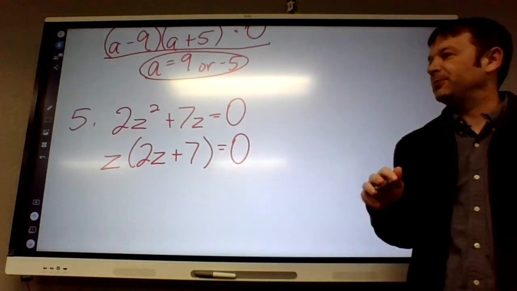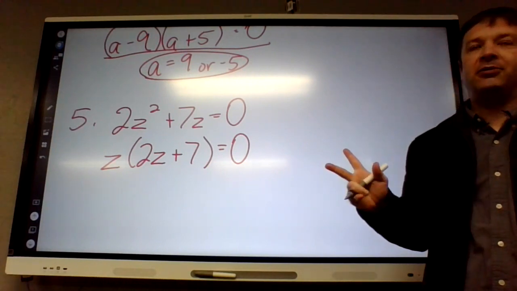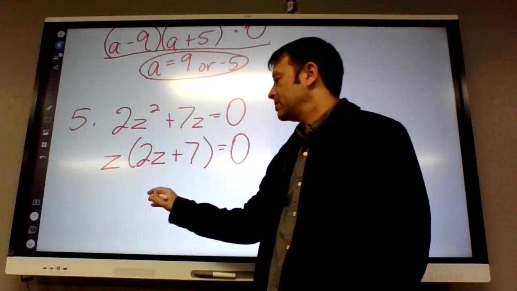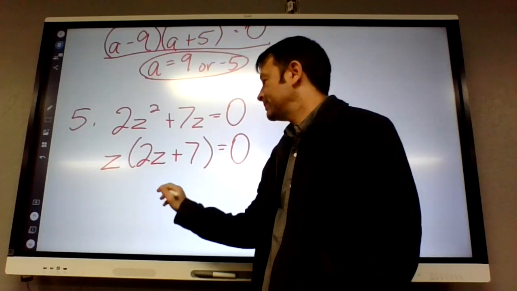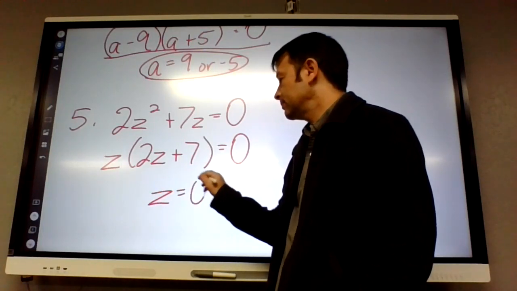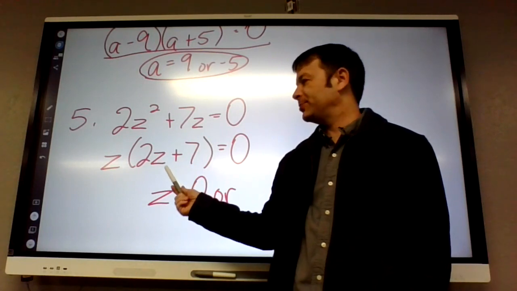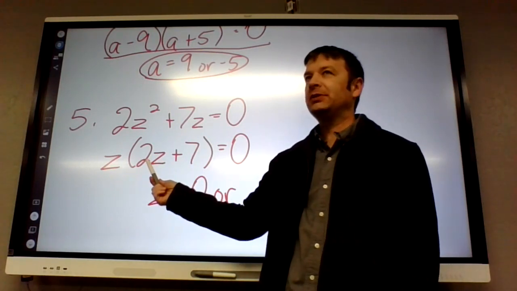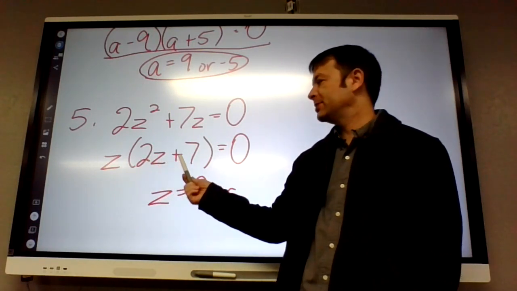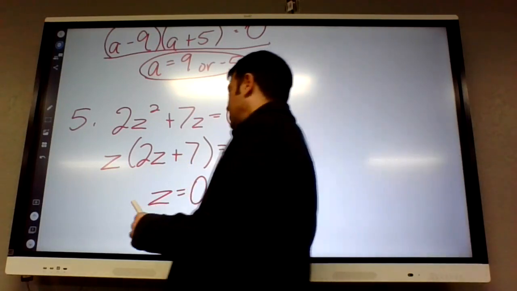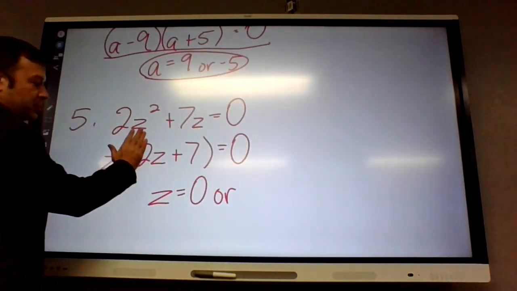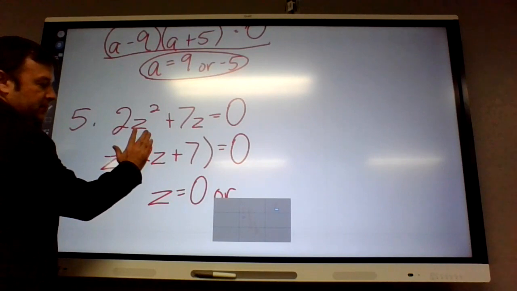Okay, let's see if you guys remember. If there's a z on the outside, what is one of the answers? 0. And the trickier answer, you guys remember this one? If there's a number in front of the z, remember how this works? Okay, if it just says z plus 7, what would the answer have been?